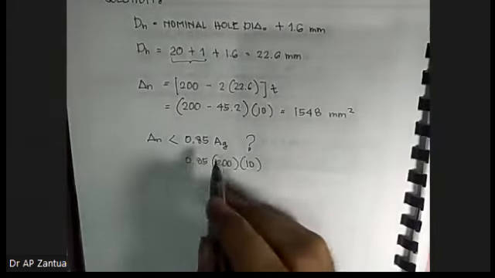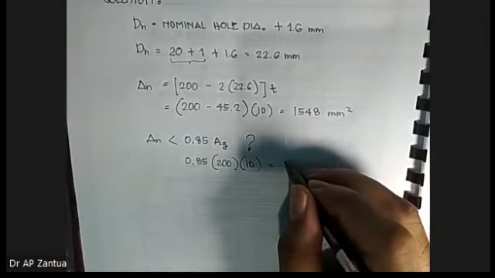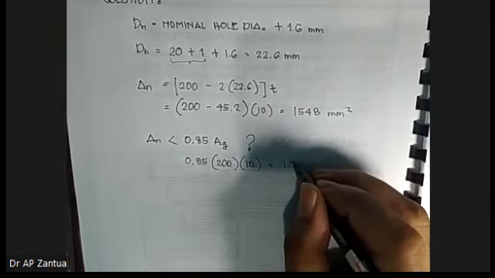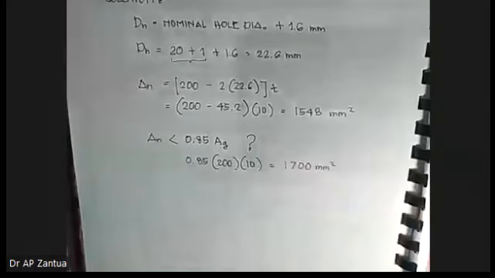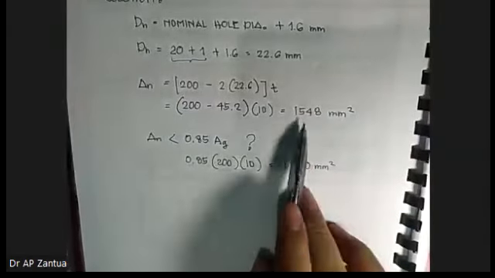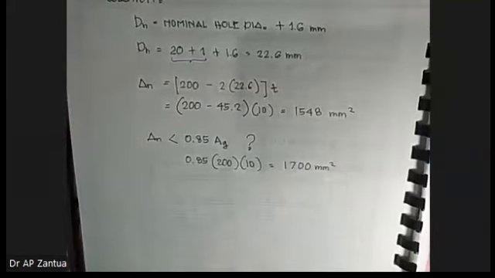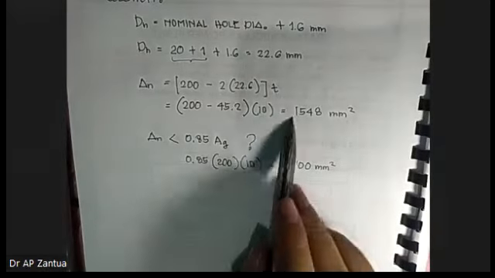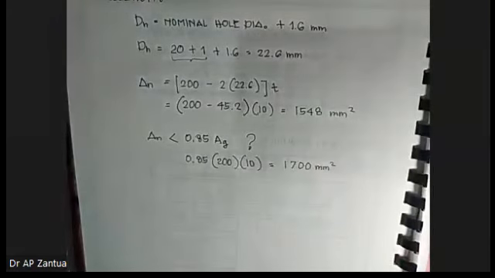So 0.85 times 2,000 is 1,700 mm squared. Therefore, 1,548 is less than this one. Okay, so this is our answer. That's done. Okay.